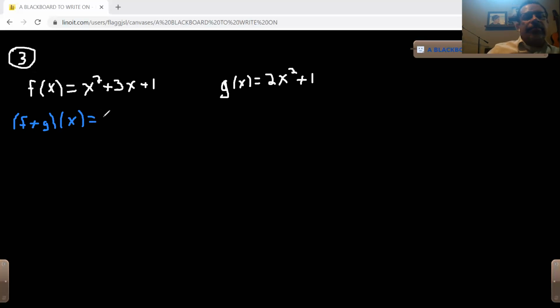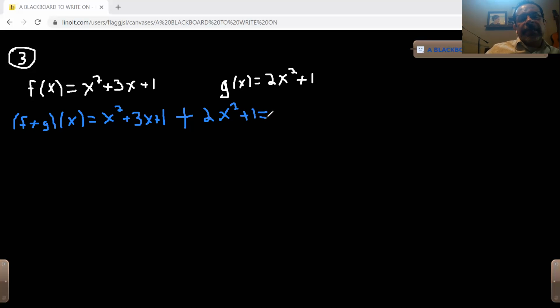Okay, so how do we add both functions? We're going to say x squared plus 3x plus 1, that's f, and we're going to add g, which is 2x squared plus 1.